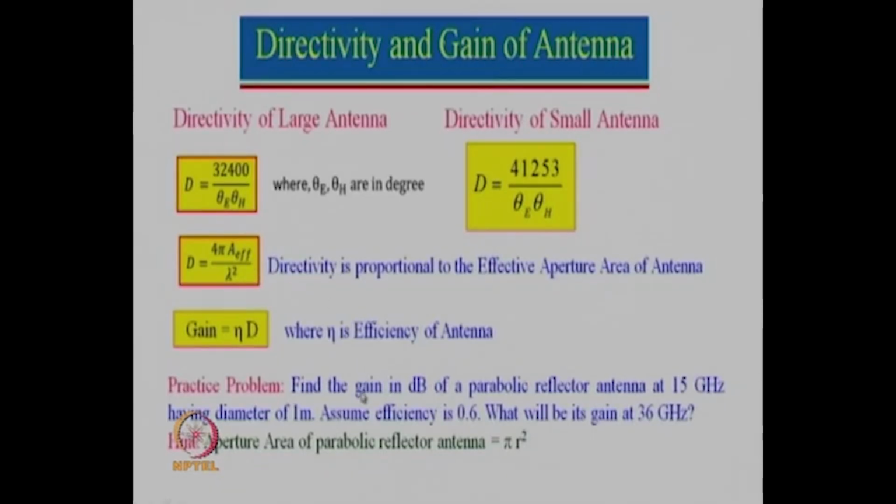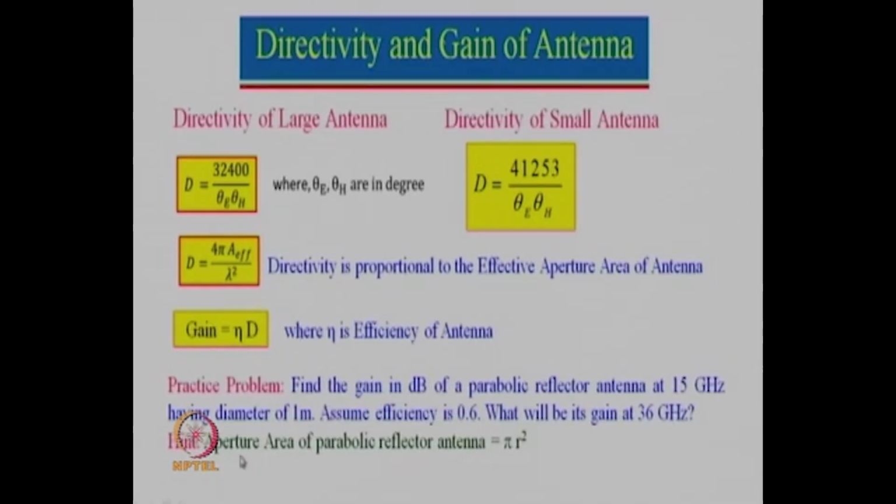I have given an example here also. From directivity, gain is defined as efficiency multiplied by directivity. So let us say we want to find the gain in dB of a parabolic reflector antenna at 15 gigahertz having diameter of 1 meter.